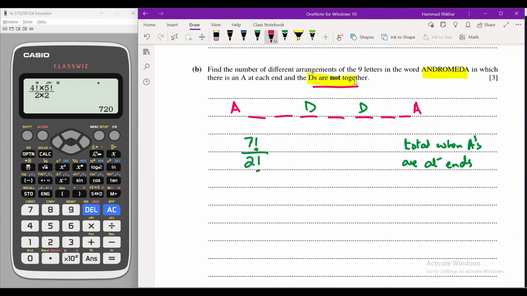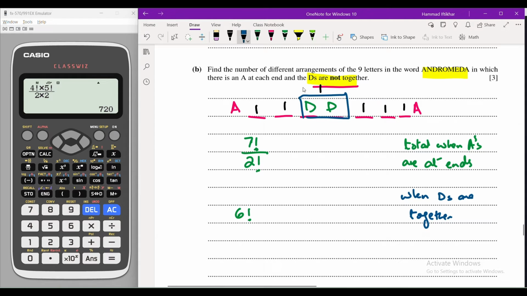Now we don't want the D's to be next to each other. So to do that, we will consider the possibility when D's are together. When D's are together, we consider them one unit. And when we consider them one unit, we have 1, 2, 3, 4, 5, 6 units together.